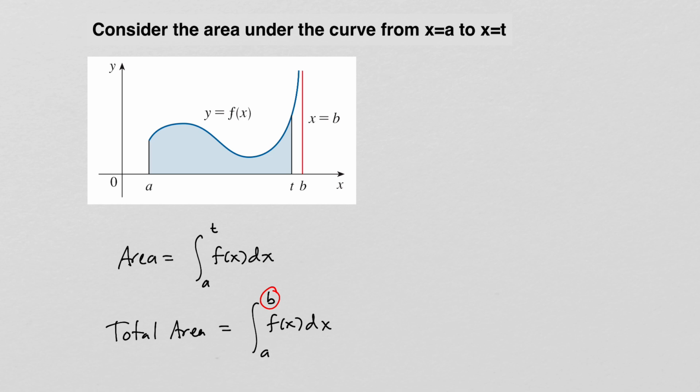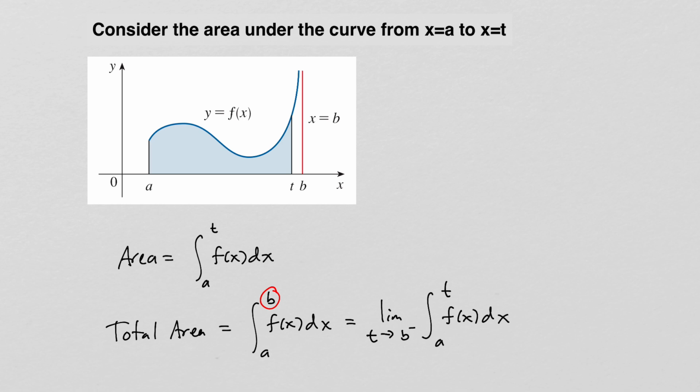Well, we know we can take the area from a up to t for any number t that is less than b. All we need to do is take the limit as t approaches b. So the way we're going to define this is the limit as t approaches b from the left of the integral from a to t f of x dx.